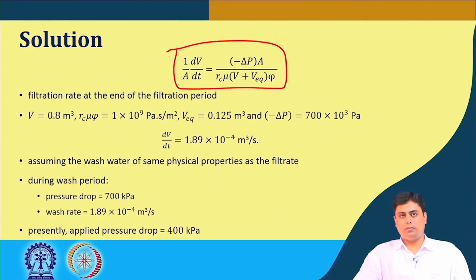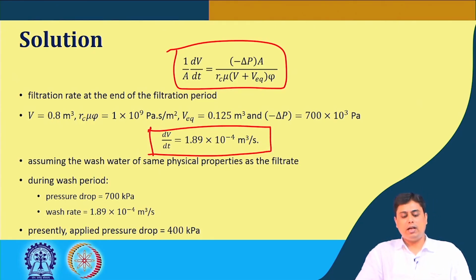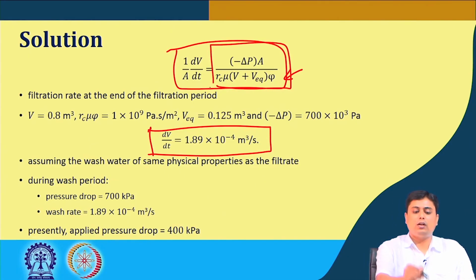At the end of the filtration experiment, with this 700 kilopascal pressure drop and 0.8 meter cube of filtrate volume, we find that the filtration rate is 1.89 multiplied by 10 to the power minus 4 meter cube per second, because in this expression all the right hand side parameters are known.